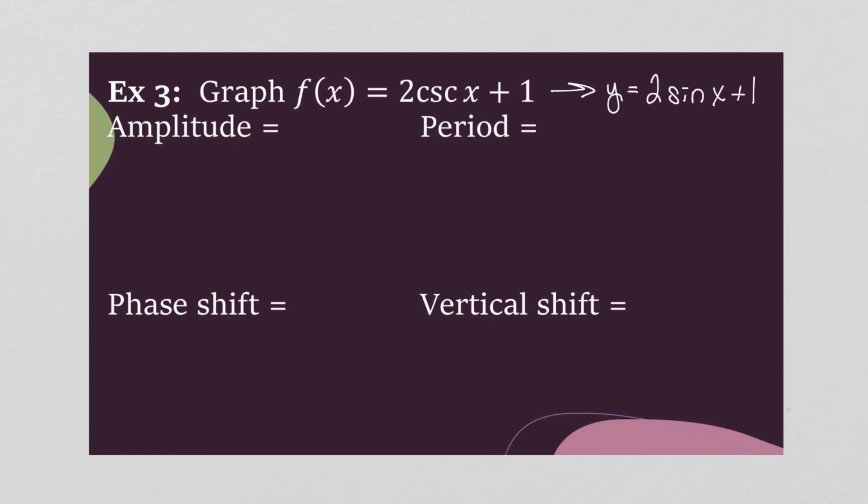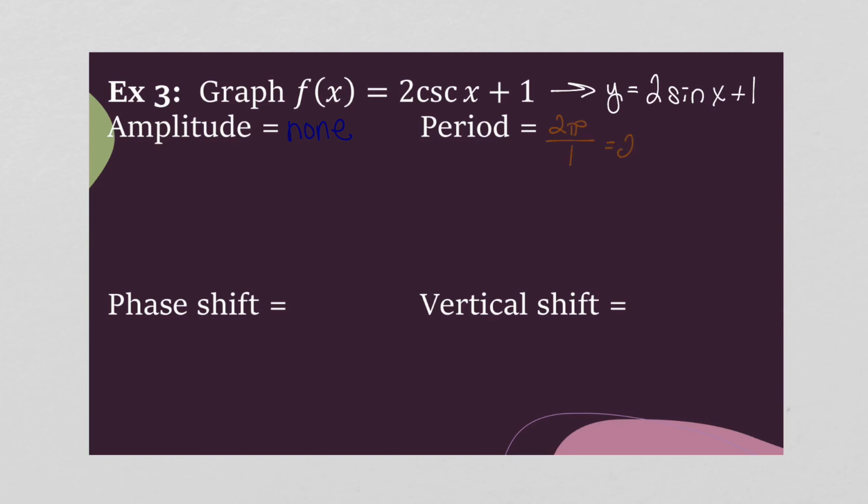What's the amplitude? Well, there is no amplitude. Yes, there is an a value. It's 2. But there's not actually an amplitude in cosecant and secant. What's the period? Well, it's the same as we would do with sine, okay? So the period is 2 pi over b. And in this case, our b is just 1.